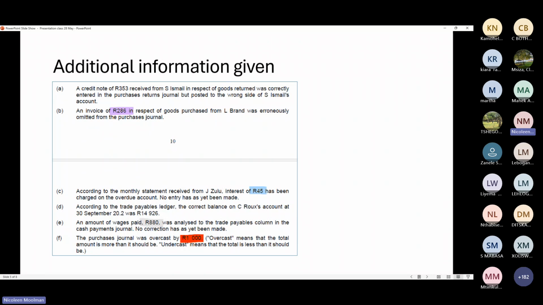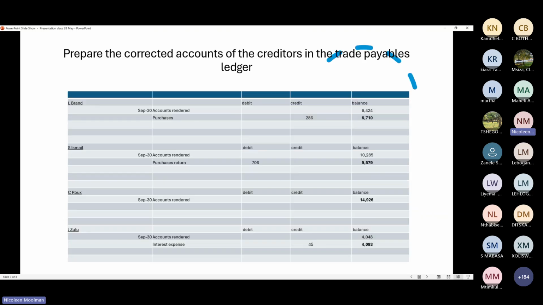So when there was a return of goods, it means that we need to reduce the balance that we owe to that creditor because we gave the supplies back to the creditor. But in point A, they said we posted it to the wrong side of the account. So what it means then is that in this 10285 number, we accidentally included that credit there, whereas we should have debited S. Ishmael's account to decrease the balance.